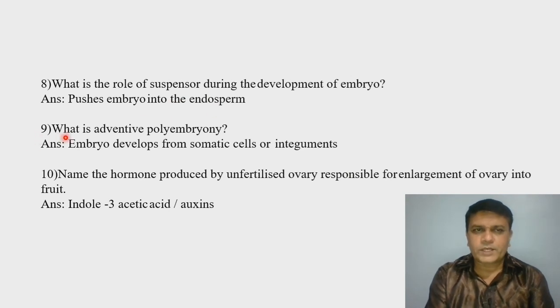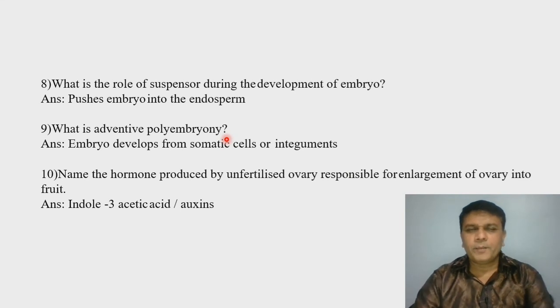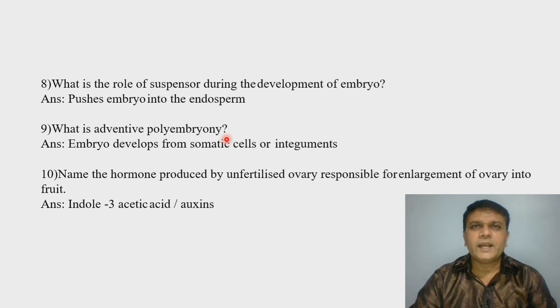Then the next question is, what is adventive polyembryony? Now polyembryony means it is the formation of more than one embryo inside the seed. Such condition is called as polyembryony.